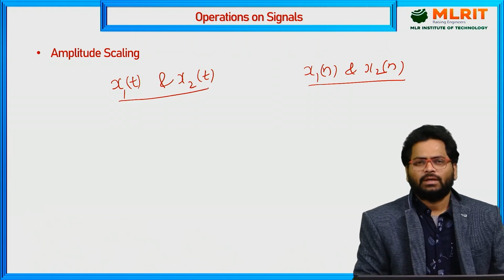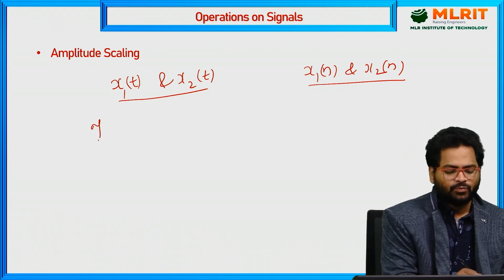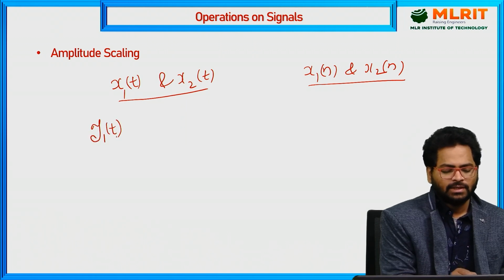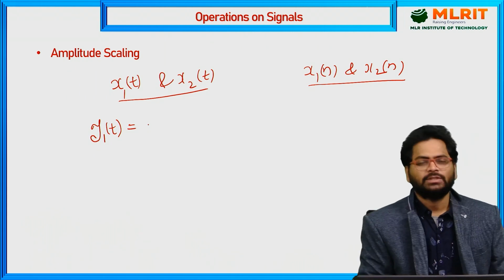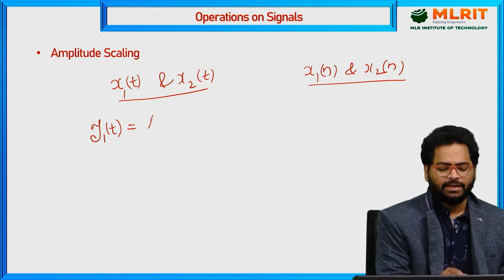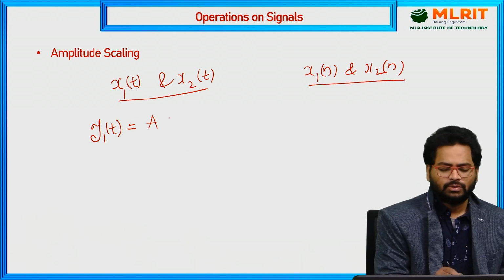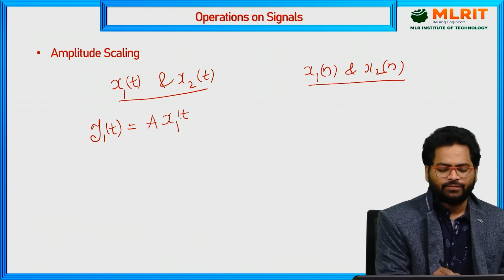According to amplitude scaling, let us define y1 of t. I am scaling the signal with some constant a, or k, whatever it may be. Scaling means multiplying the signal by a constant: y1 of t equals a into x1 of t.